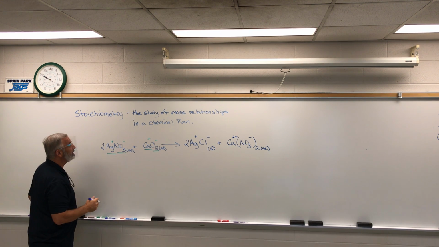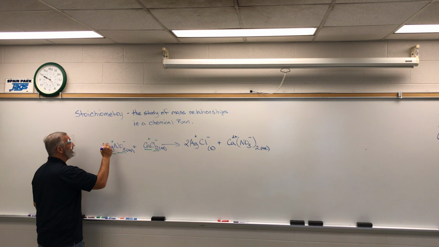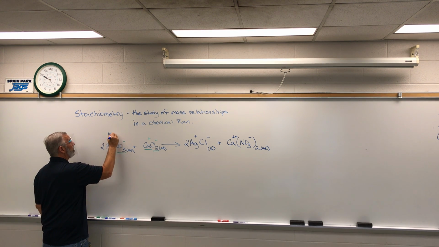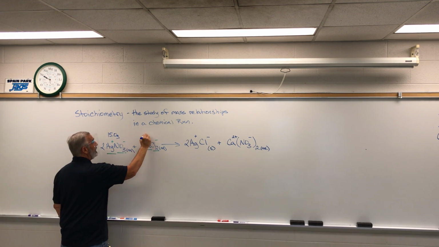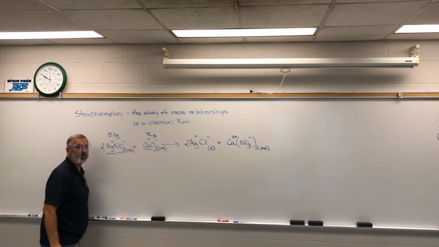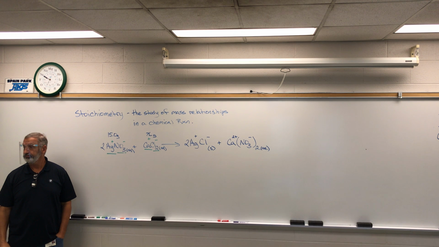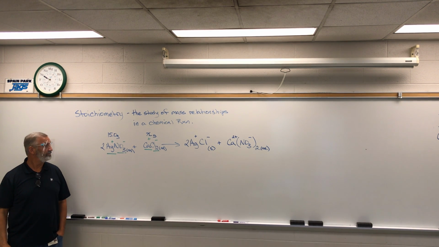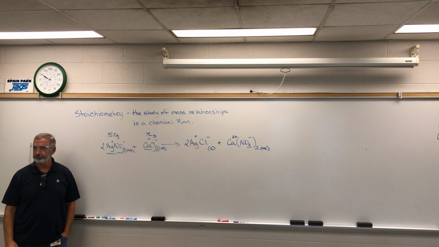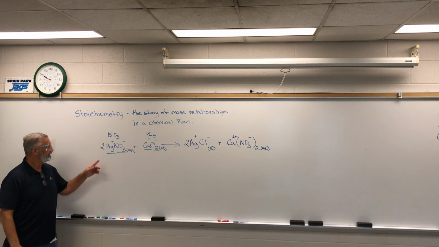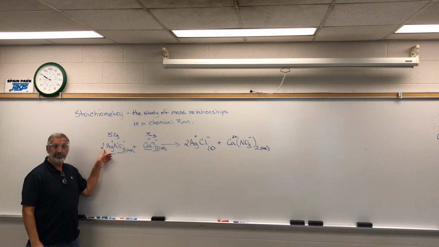All right, but stoichiometry says that if I have 15 grams of silver nitrate, how many grams of calcium chloride do I need to react with it? Well, what's our balanced equation tell us? It's a what ratio?